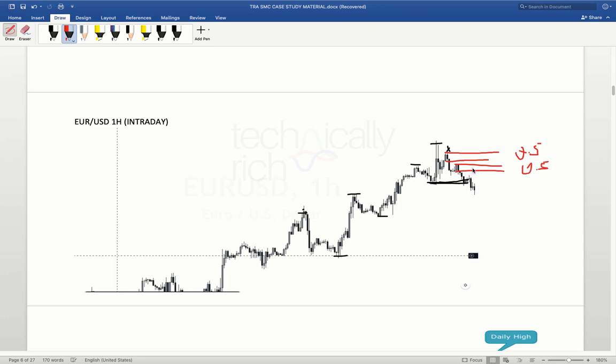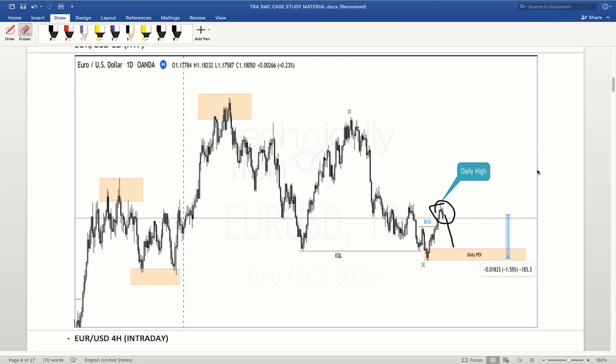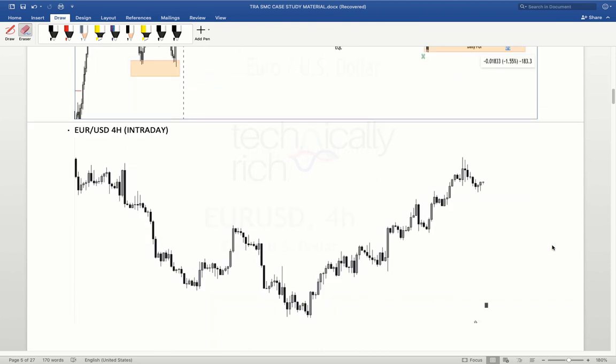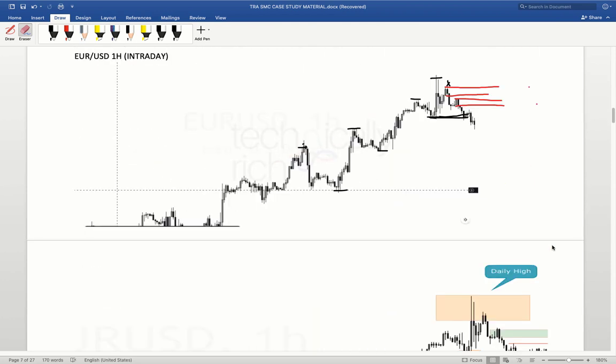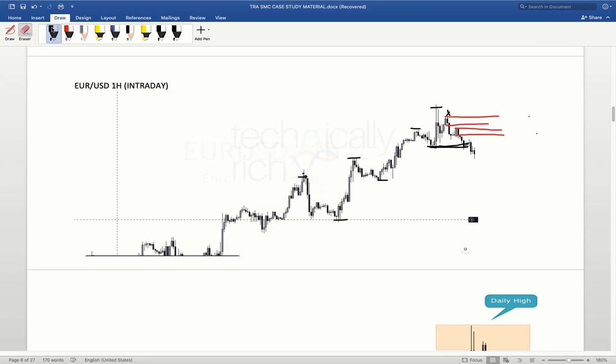So your entry is going to be here. You split 0.5 amongst these two POIs.